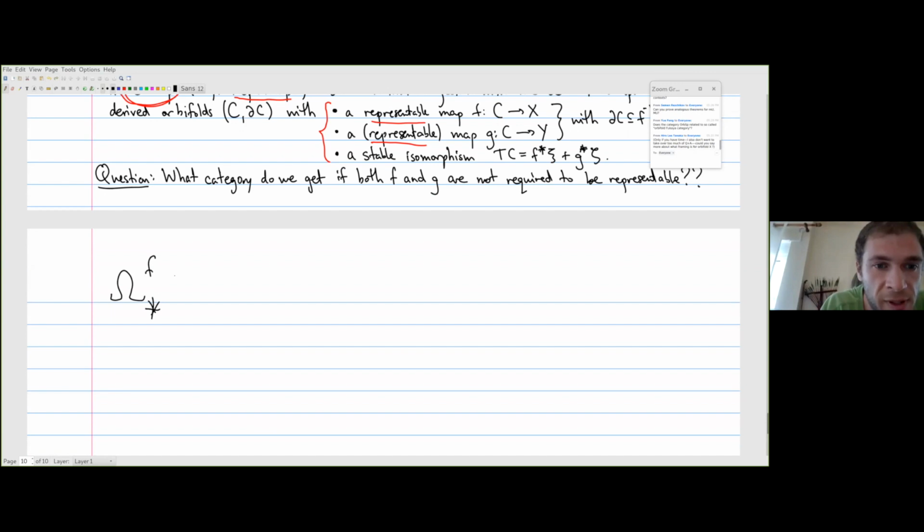If I write framed bordism of X comma A, in fact I'm going to tell you what framed bordism of this is.